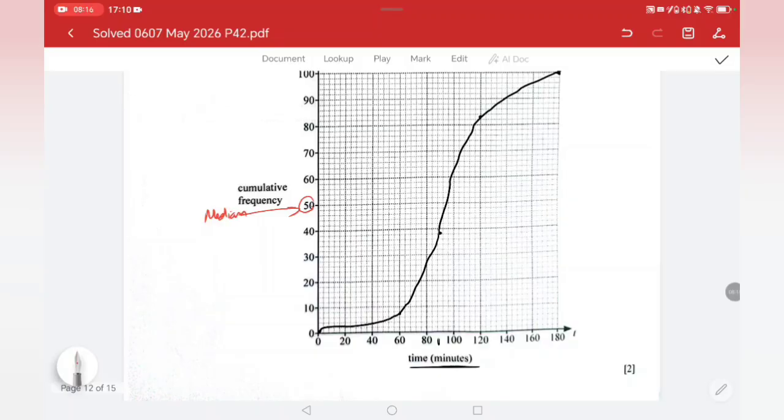So draw a horizontal line, intersect, then you have to go down there. Okay, it's an approximate value. Okay, this one, like it's about here.